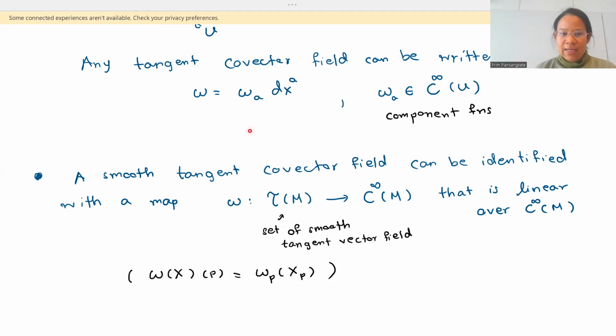From this definition, because a covector acting on a vector is linear over R, it follows that this covector field, when it acts on a vector field, is linear over the set of smooth functions.